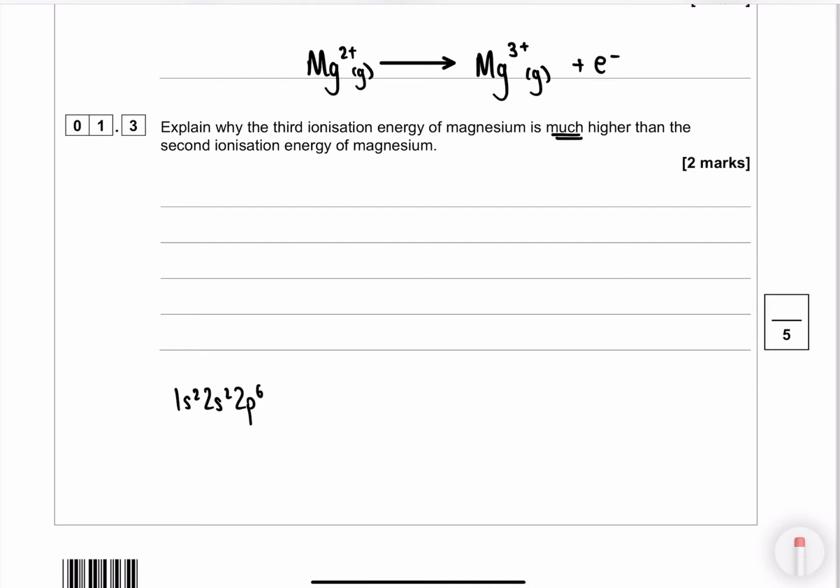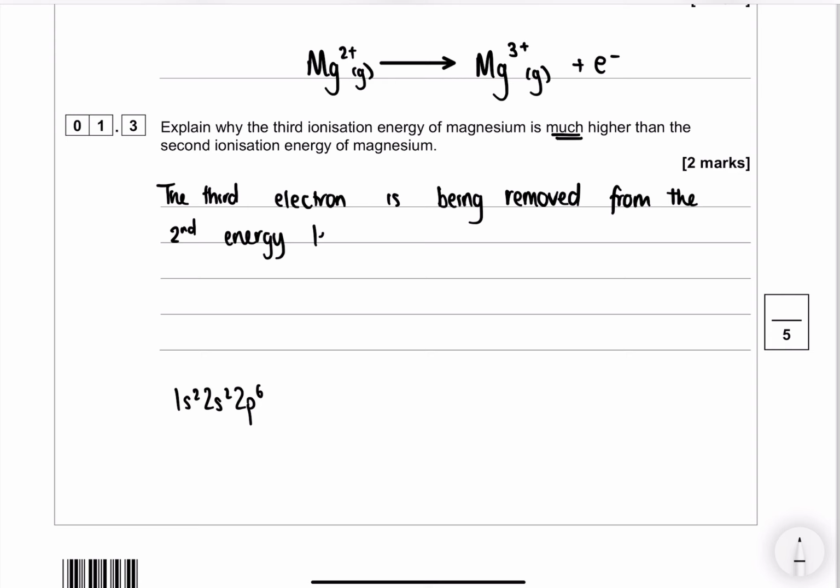So we need to say the third electron is being removed from the second energy level or second shell, which is closer to the nucleus with less shielding.